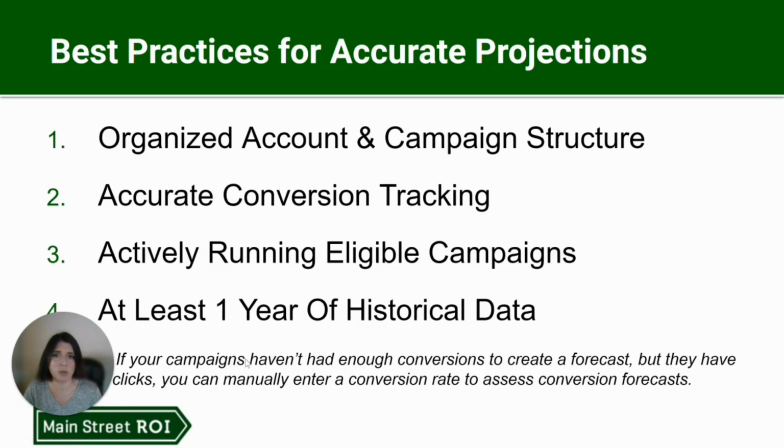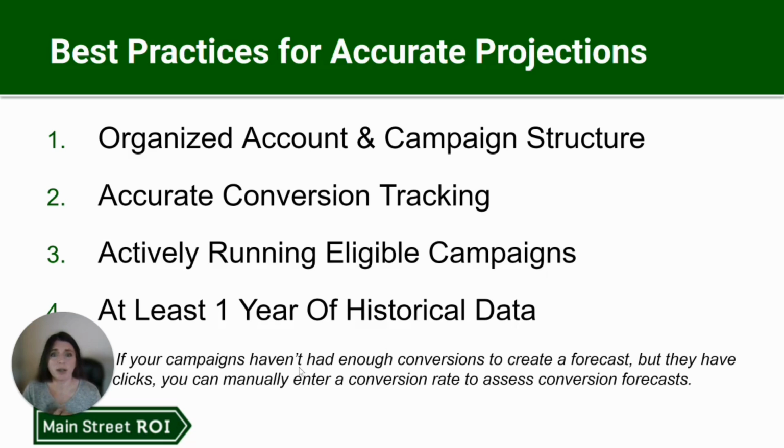Now, one cool tip is if you don't have enough conversions in those campaigns for Google to create a forecast, if you have enough clicks, then you can actually manually enter in what your conversion rate usually would be to assess potential conversion forecasts that Google will provide you.